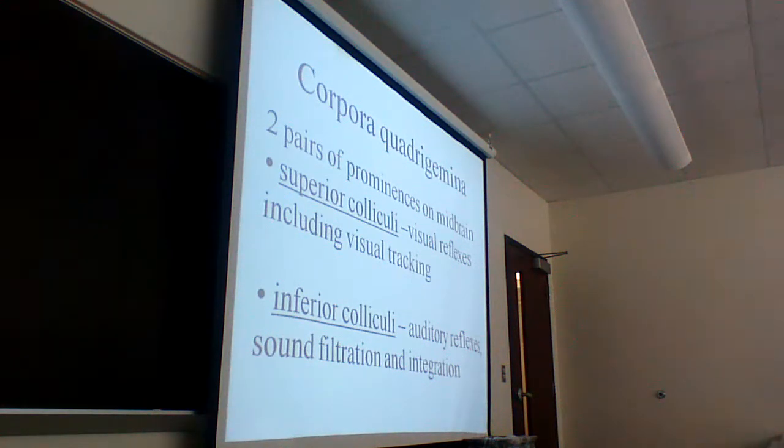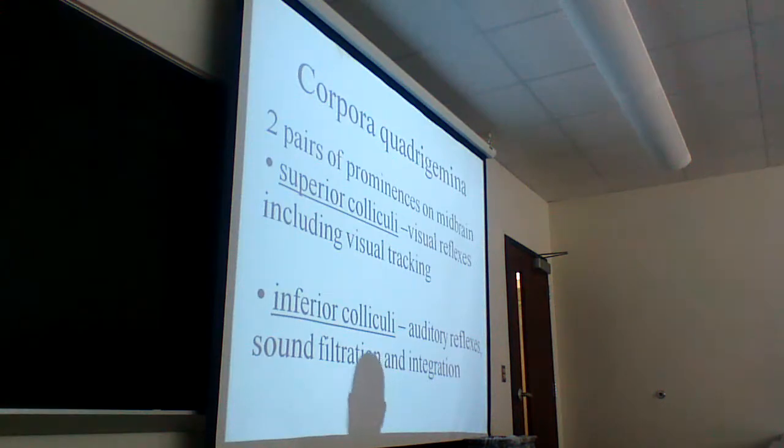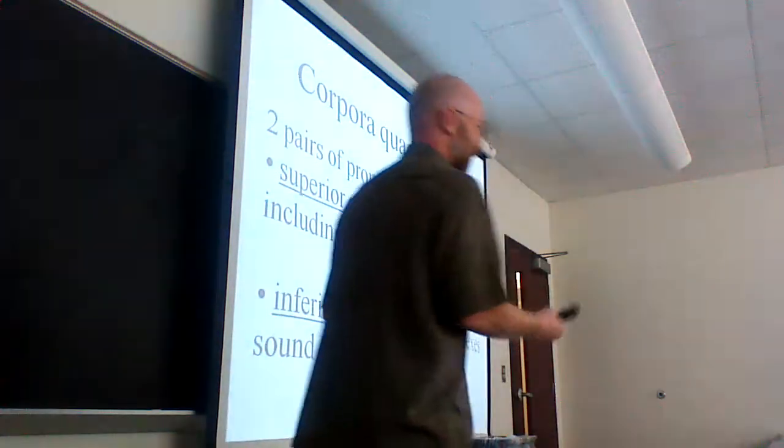Another big auditory reflex is whenever there's a loud noise, there's a tendency for your eyes to look in the direction of the noise. Did you look in the direction of the noise? A little bit? I know, that's another big benefit.